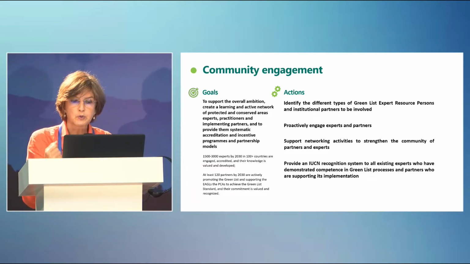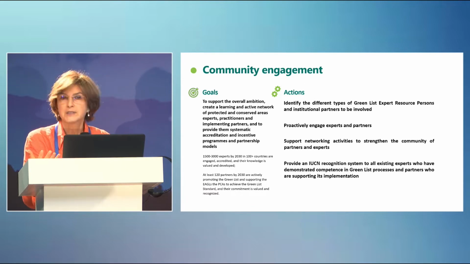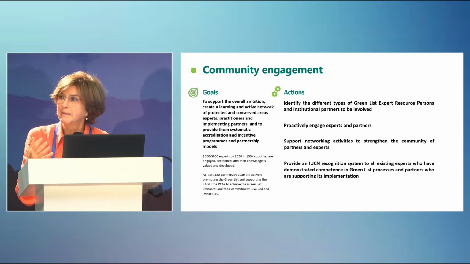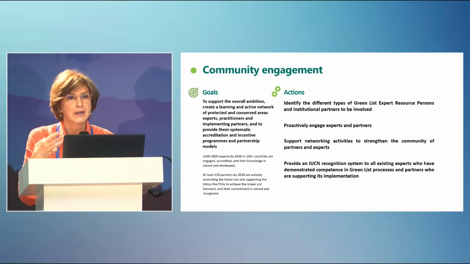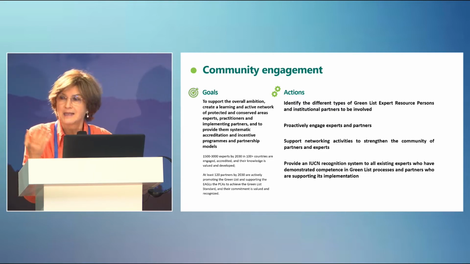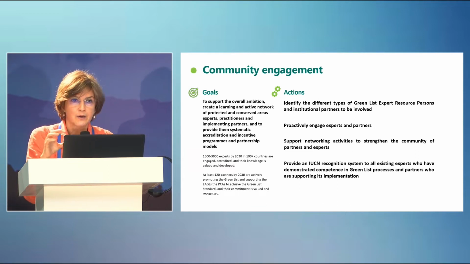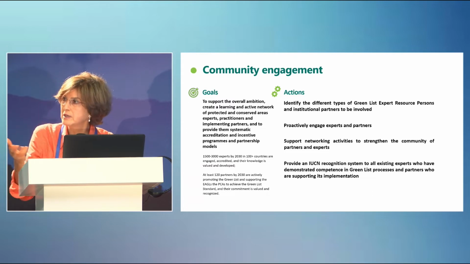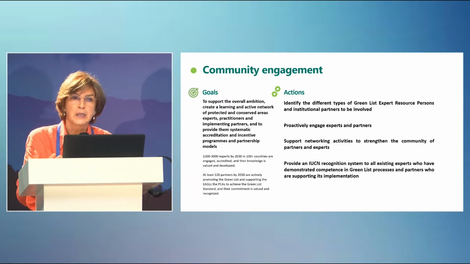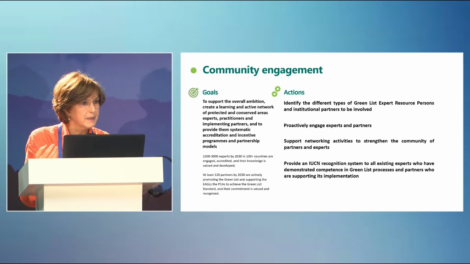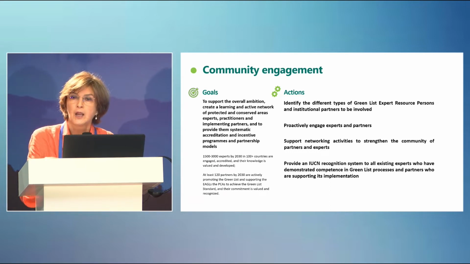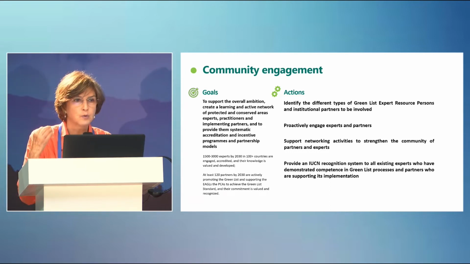We also need to support the networks, as I just said, maybe by regions, maybe by ecosystems like the Amazon EAGLE groups that are already going into a network, but also in the whole region in Latin America, for instance. We would like the EAGLEs to speak to each other and share good expertise, good actions, and different experiences in the countries.